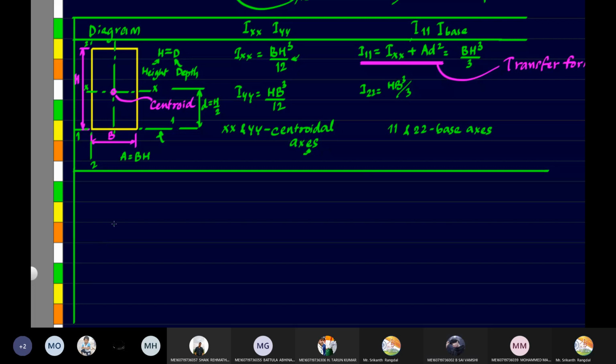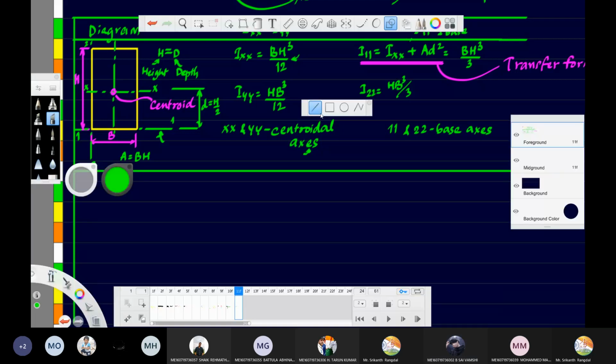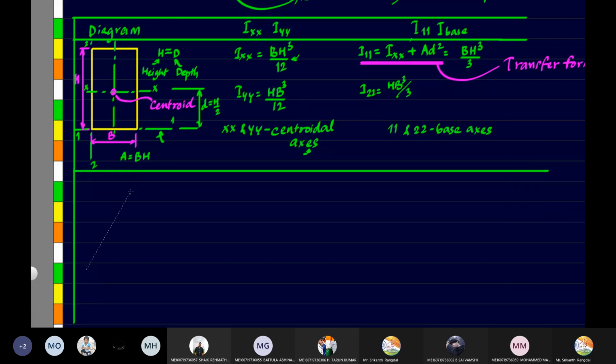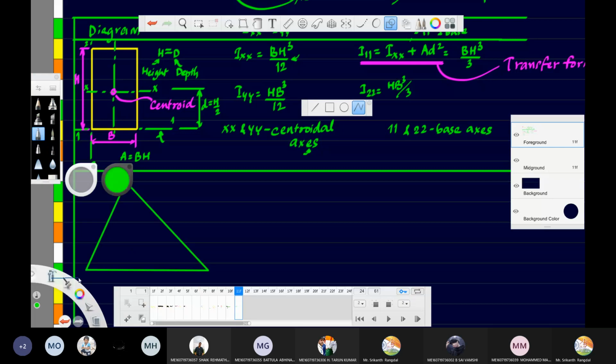Triangle. Okay, let's go triangle next. So here's our triangle, right? So centroid, where it will be?